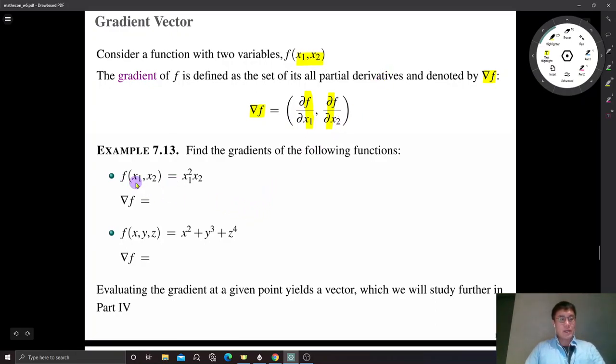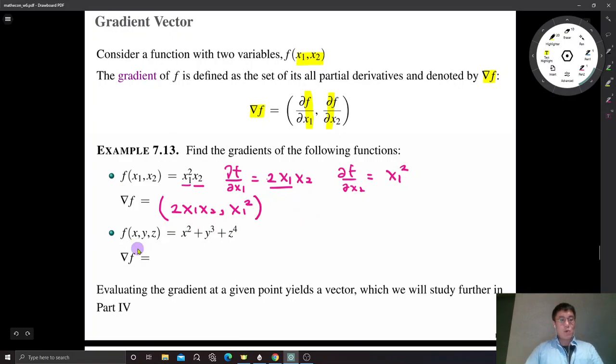So for example, if we have a function depending on x1 and x2, then the partial with respect to x1 is going to be 2x1 times x2, right? Because x2 is a constant. Okay, so x1 squared, the derivative is 2x1. And the partial with respect to x2 is going to be x1 squared. Okay, so the gradient is going to be (2x1x2, x1 squared).